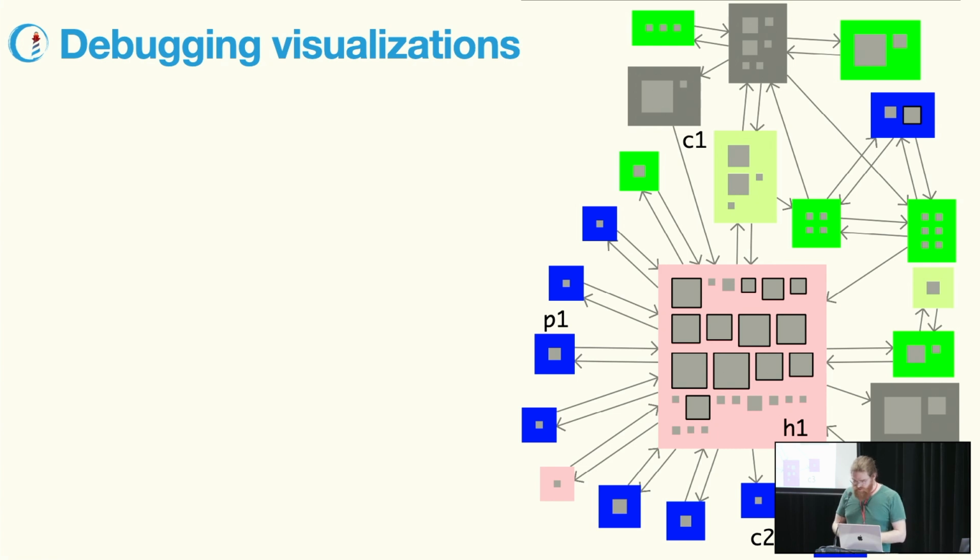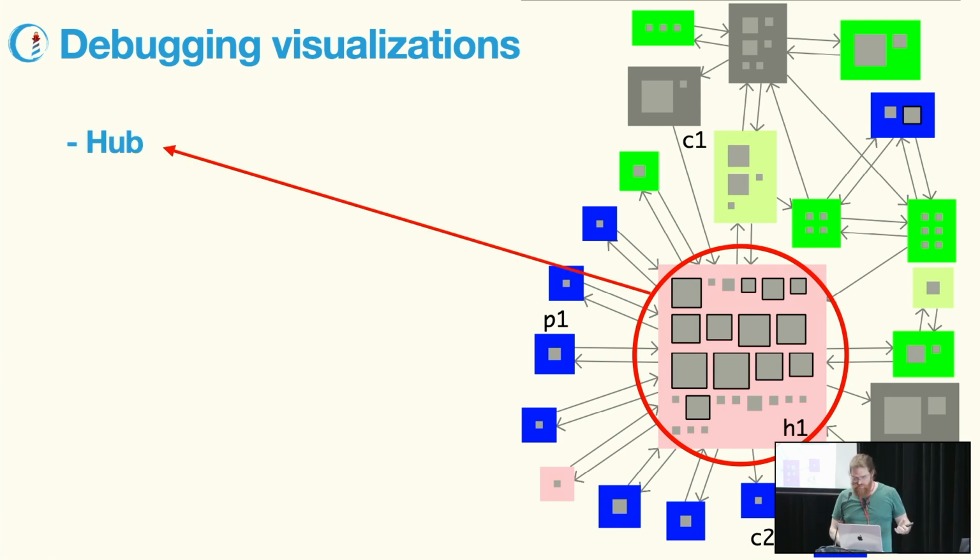We started to study a few of these visualizations, and it looks like there are some emerging patterns. For instance, here, sometimes you have a big box like this where all the activity seems concentrated. We call them the hubs. This is recurring between different visualizations of different debugging sessions. You have a big box and people tend to spend a lot of time in the same tool.